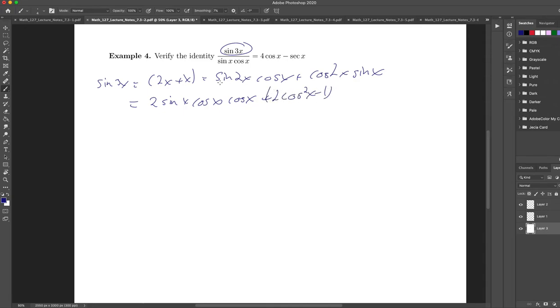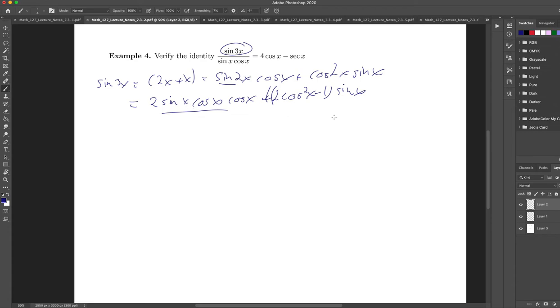So I'm just plugging in what I know. Sine of 2x is 2 sine x cosine x. Here, cosine of 2x is 2 cosine squared x minus 1 times sine of x.